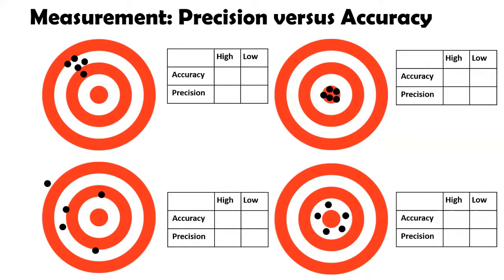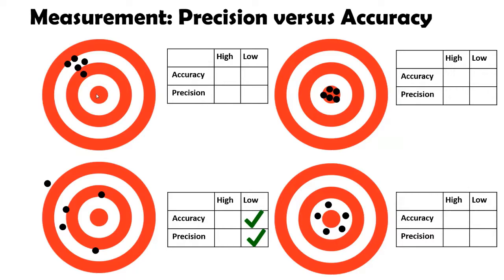So I think we can say here, with these points scattered, that it has low precision because we're not very consistent in where we hit the target. The accuracy we would also say is very low. If you ask where the average of these 5 points would be, it would certainly not be near the bullseye. So we're going to say it has low accuracy and low precision.